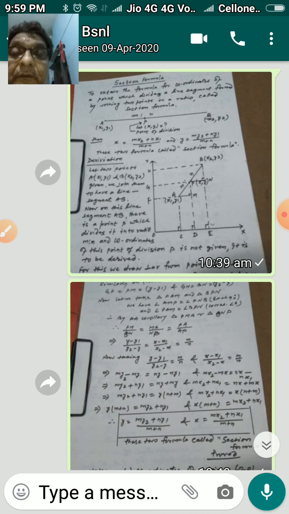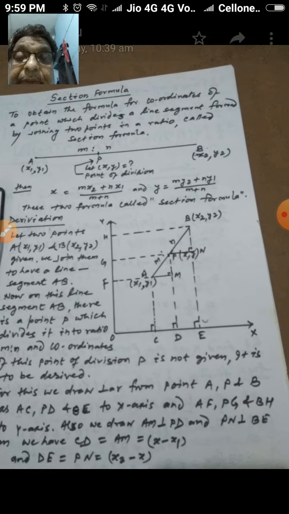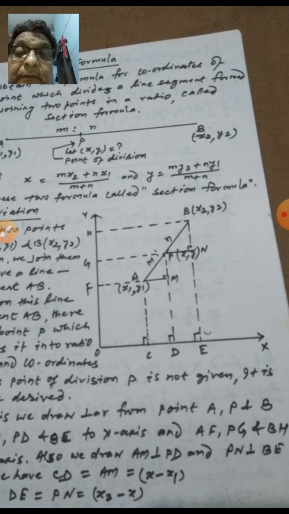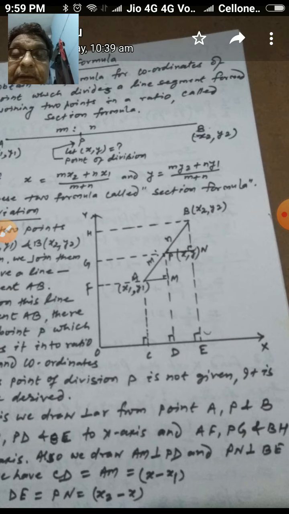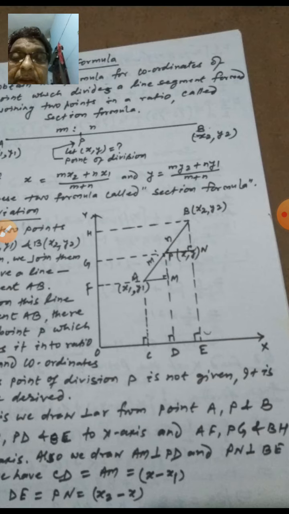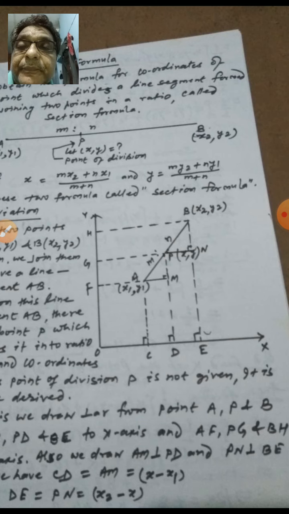Before this, we should write here that from point A we have drawn one more perpendicular, that is AM, on line segment PD, and from point P we have drawn perpendicular PN on the line segment BE. Now we will take these two right angle triangles, that is PMA and BNP, and show them similar.